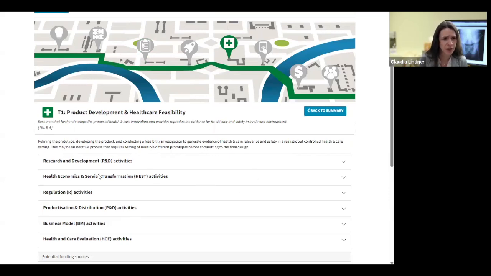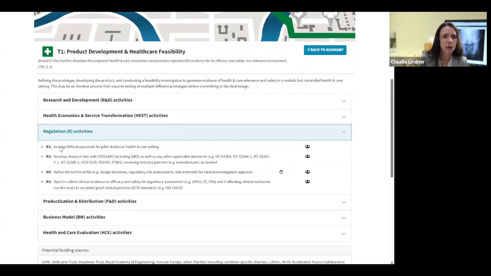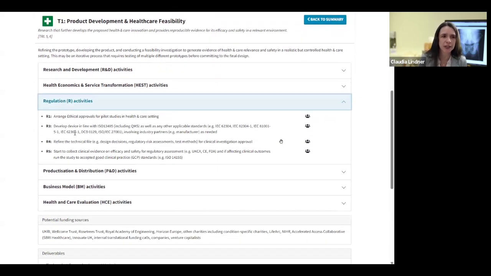As I mentioned, for each of these strands we have a set of activities, so you can open these strands and you then get the list of activities that you should be looking at in that particular stage. And that is tailored to the particular roadmap. For example, if we look at R3, the core activity is around quality management and having a quality management system.